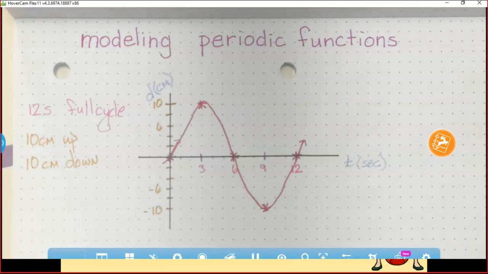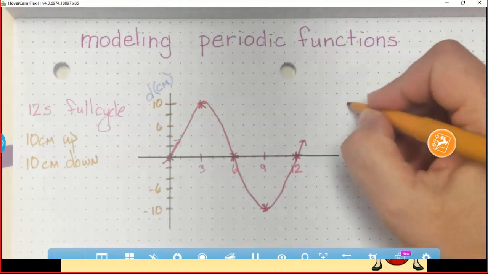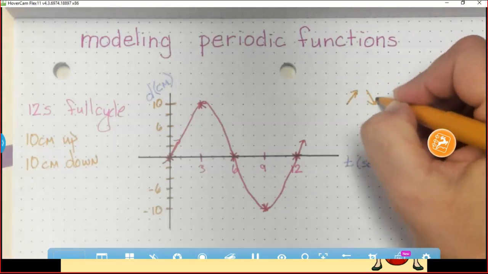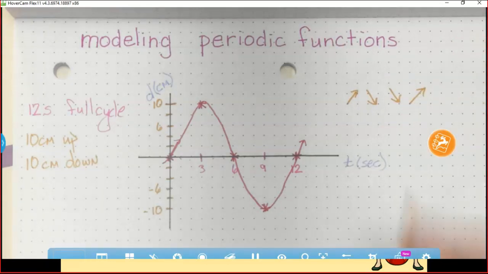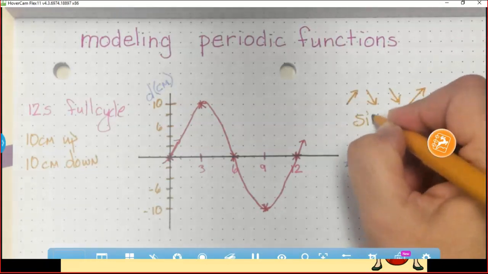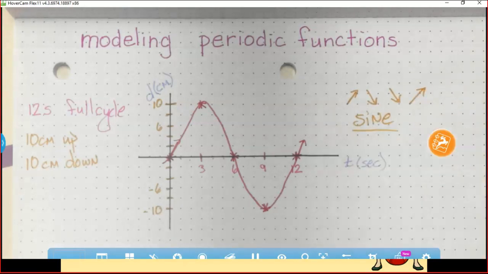So because I'm going to the up, to the down, to the down, to the up, remember, to the up, to the down, to the down, to the up, this is sine. Nice. I like it. So when I say, hey, draw a graph, this is what my graph looks like. That's my graph.